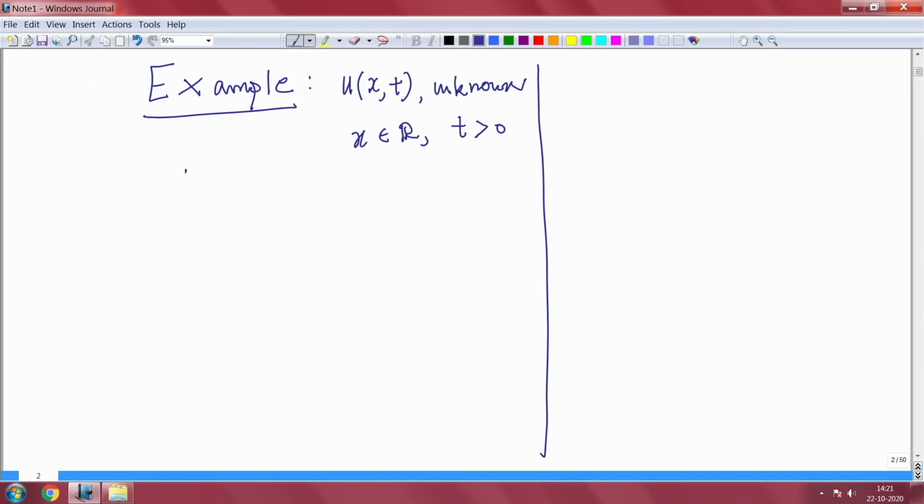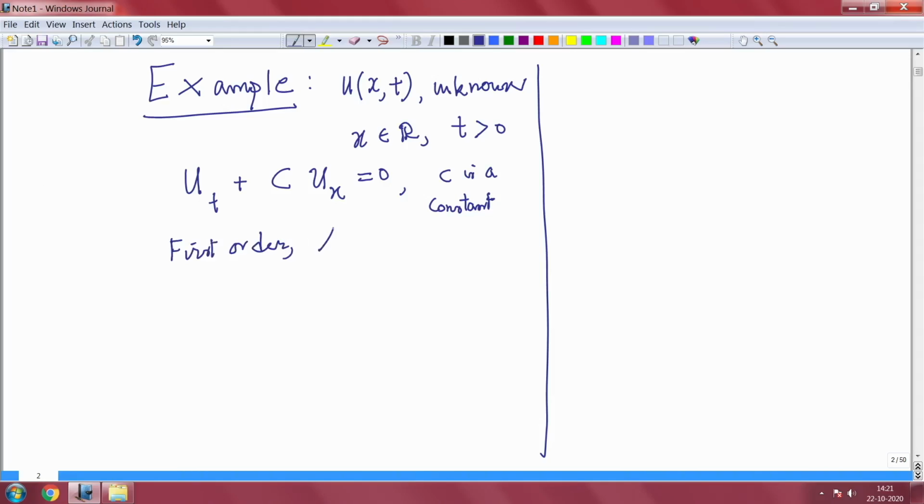So, the PDE is u_t plus c u_x equal to 0 for x in R, where c is a constant. This is one of the simplest PDEs, very easy, first order, linear.